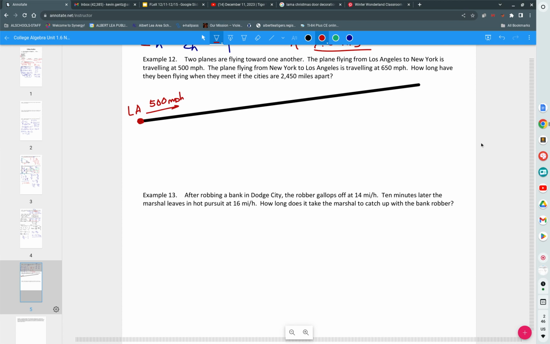We have another plane that is flying from New York, and it is flying at a speed of 650 miles per hour. It is 2,450 miles that separate these two cities. The question is, how long have they been flying when they meet? So how much time has gone by when they meet?